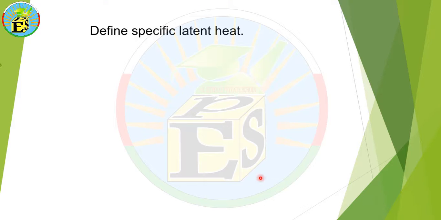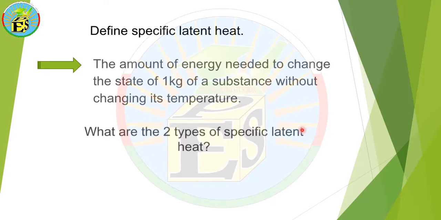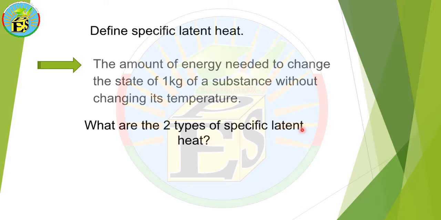Define specific latent heat. The amount of energy needed to change the state of 1 kilogram of a substance without changing its temperature. What are the two types of specific latent heat?